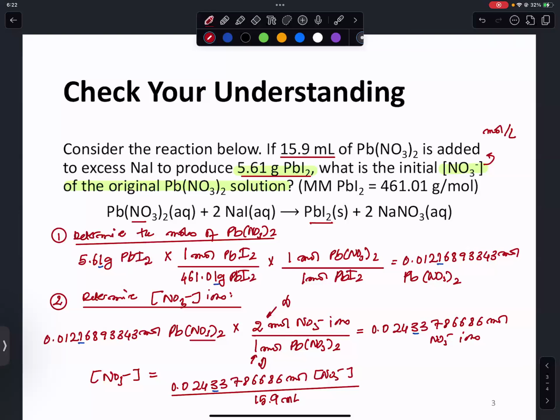But remember, molarity is moles per liter, so I have to switch to liters, multiplying by 1,000 milliliters divided by 1 liter. This should give me 1.53068345 molar. And again, tracking my sig figs right here, the lowest is 3 sig figs. Therefore, I can round to 1.53 molar.